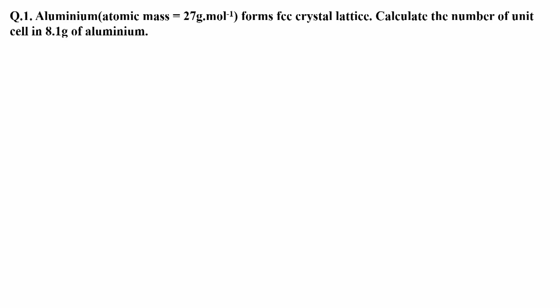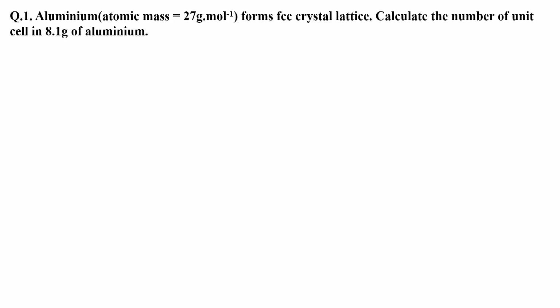Now we discuss some problems here. The first problem is: aluminium, atomic mass 27 gram per mole, forms an FCC crystal lattice. Calculate the number of unit cells in 8.1 gram of aluminium.